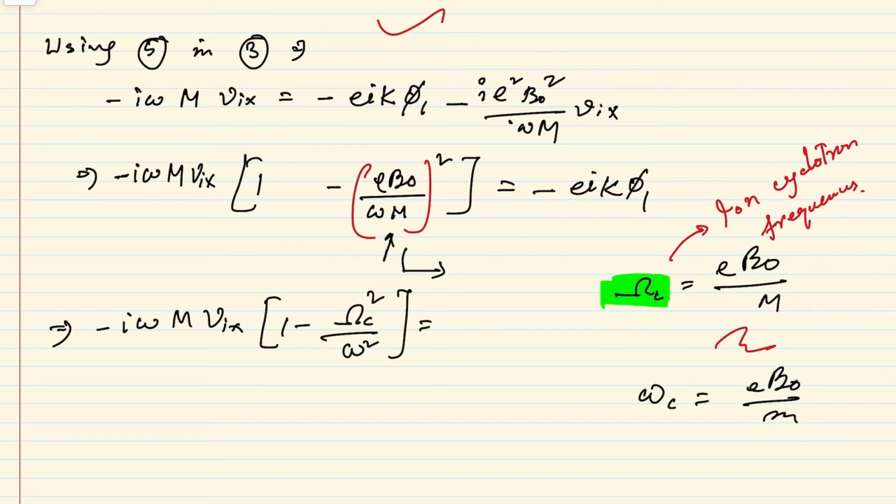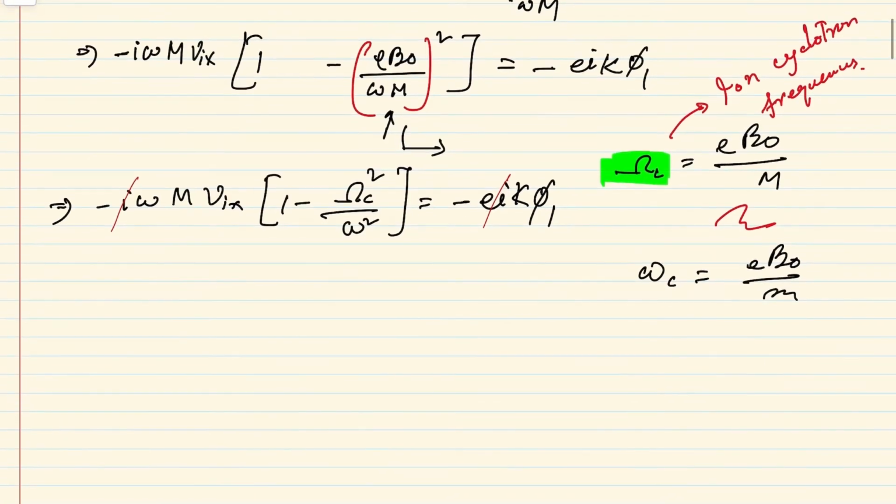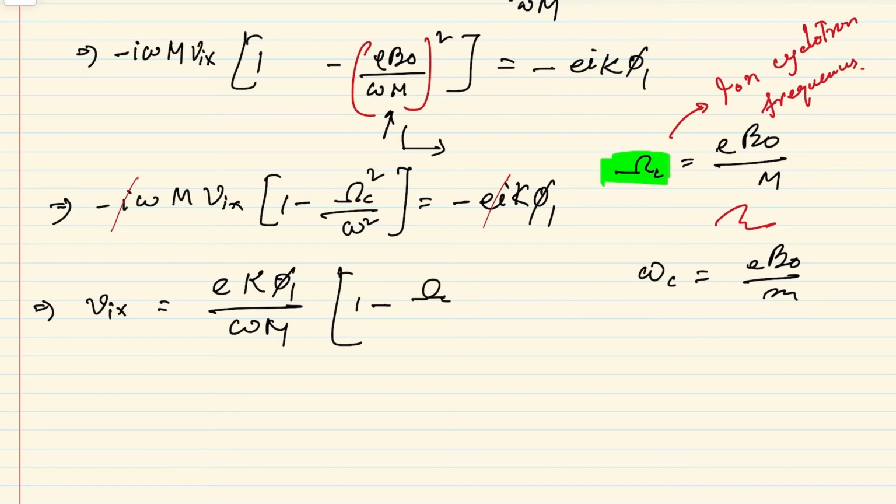Now this is equal to minus e i K phi 1. Now cancel the terms that can be cancelled out. Here i and minus i are gone. Then if you simplify, you will get Vix is equal to e K phi 1 by omega capital M into 1 minus Omega c square by omega square, whole inverse.